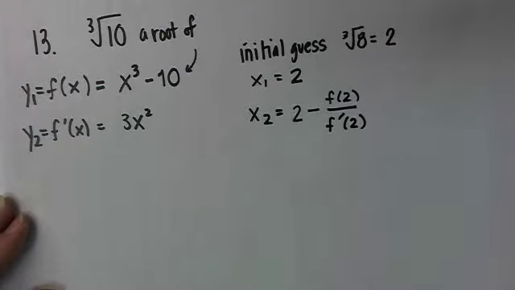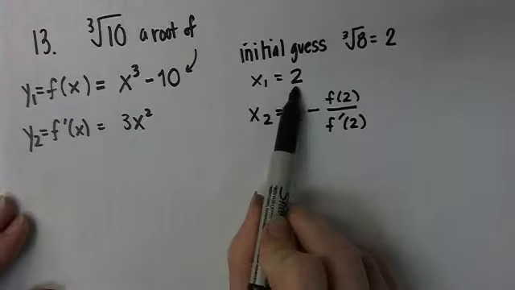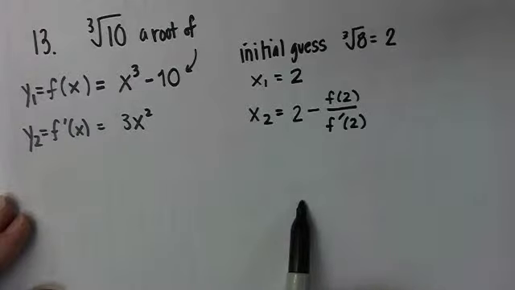And it's not a magical formula or anything. It does come from finding the tangent line to the function at x equals 2, and then at that tangent line you find the 0 of the tangent line, and that gives you your next iteration. Okay.